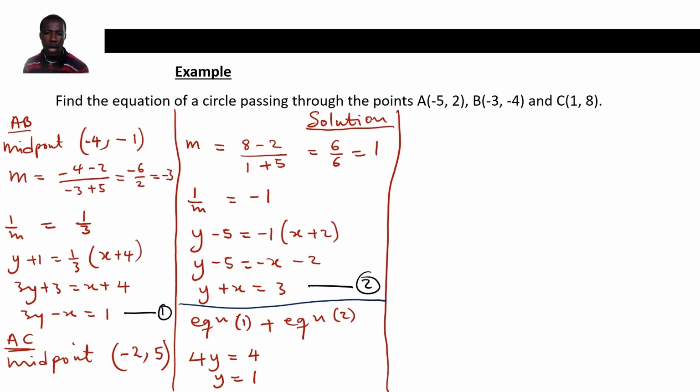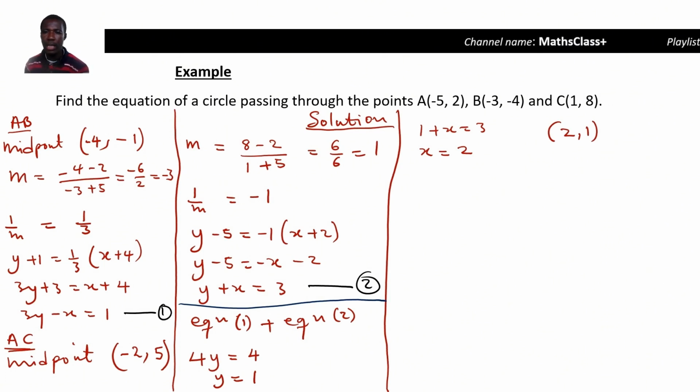Now with the y value obtained, I can substitute y into equation 2 to get 1 plus x is equal to 3. So my x will be equal to 2. Therefore, the center of the circle will be the point (2, 1).